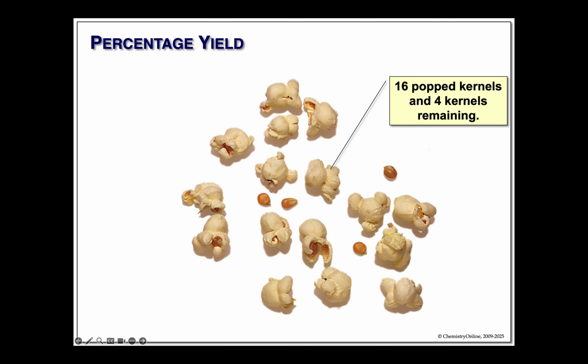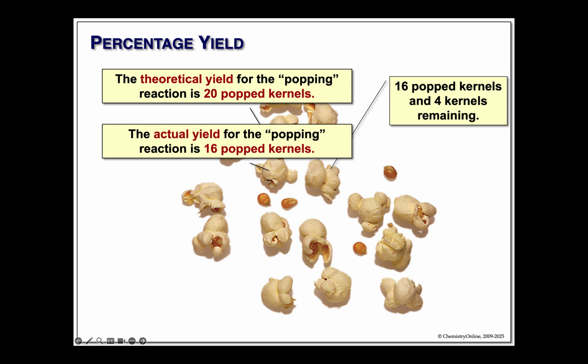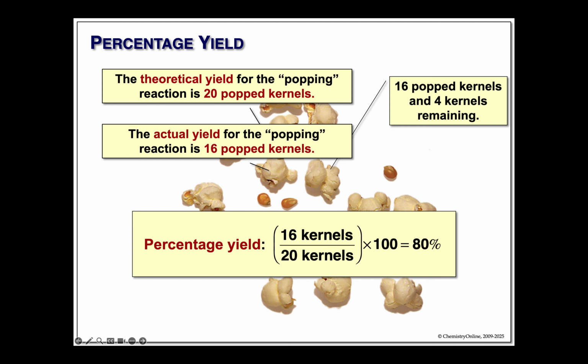And what do we get? If you count, there are 16 that have popped, and we have 4 that did not. The theoretical yield is 20. The actual yield is 16. Percentage yield, 16 over 20 times 100, 80%. Any questions?